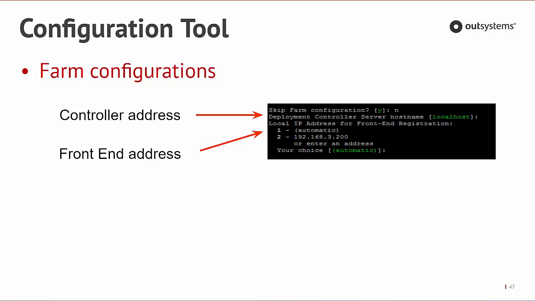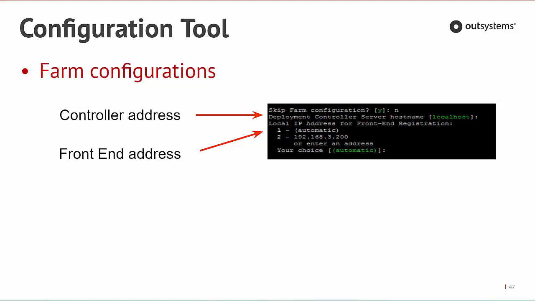Front-end registration, local IP address, is the IP address that this front end will use to register in the deployment controller. Okay, and this is the only setting that can change between front ends. So everything else needs to be the same in all front ends, including database configuration, the controller hostname, etc. This is the single thing that can change between front ends up until now.